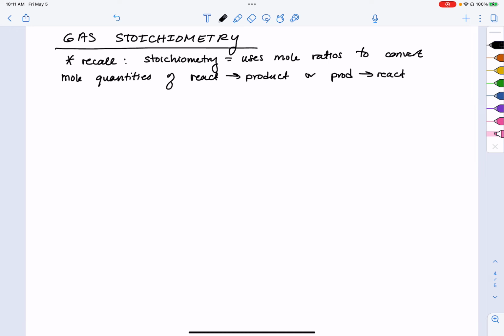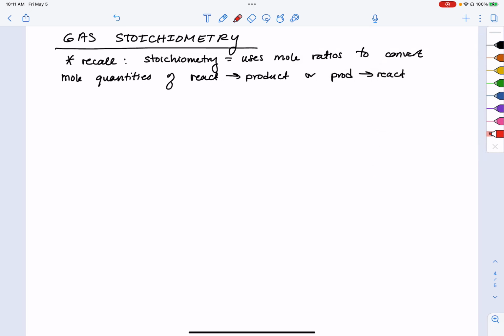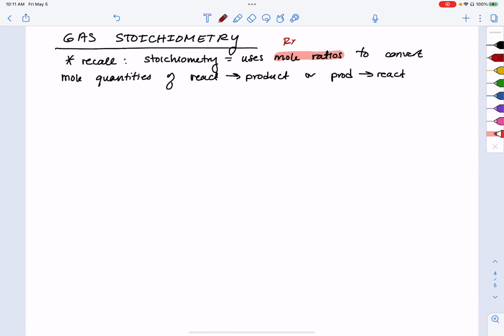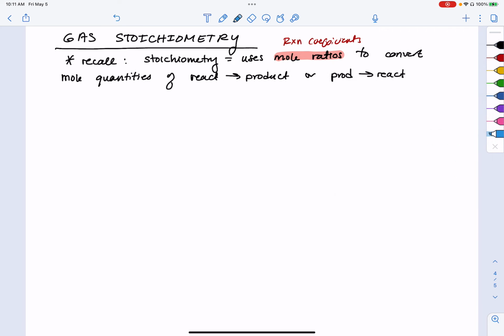Meaning that we need to have mole ratios, and those mole ratios come from our balanced chemical equation. So these are our reaction coefficients. And then we also have our mole quantities, and this is what we actually react.